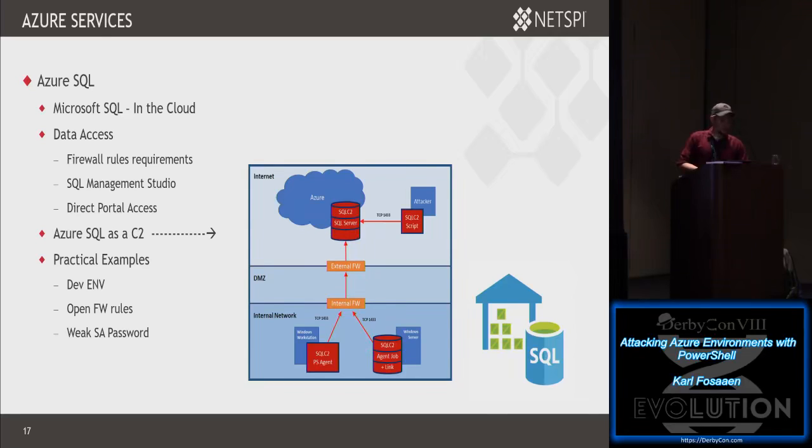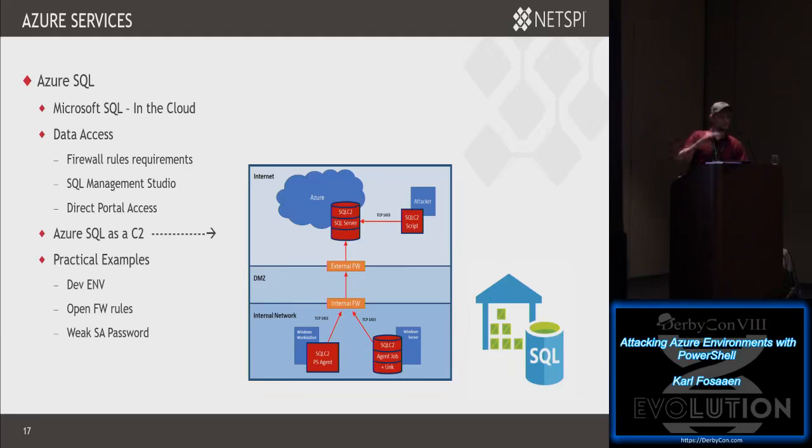So in terms of accessing that data, if you're an attacker who's got domain creds and gets into the Azure portal, you can actually just directly query databases if you have rights to them from the portal. They've got a query explorer built into the Azure SQL section. Pretty easy to access. You can also access it from SQL Management Studio if the firewall rules allow it.